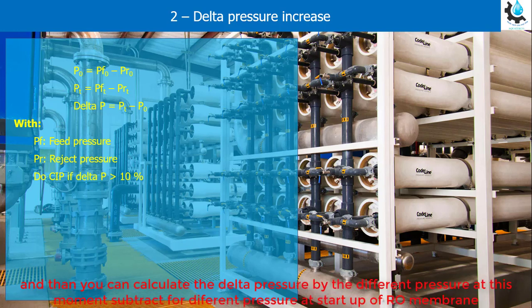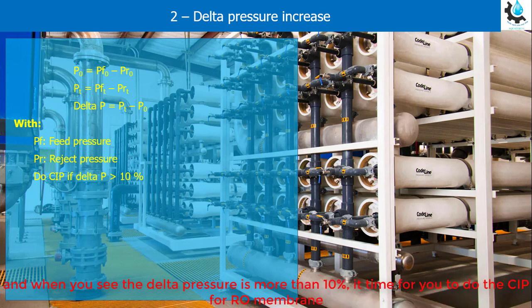Then you can calculate the delta pressure as the differential pressure at this moment, subtracting the differential pressure at the start-up of the RO membrane. And if you see the delta pressure is more than 10%, it's time for you to do the CIP for RO membrane.